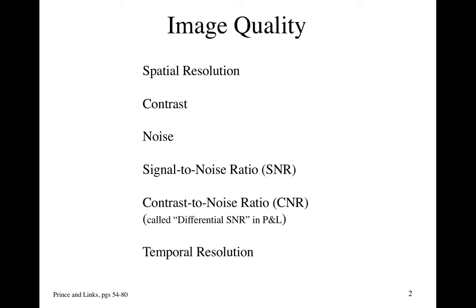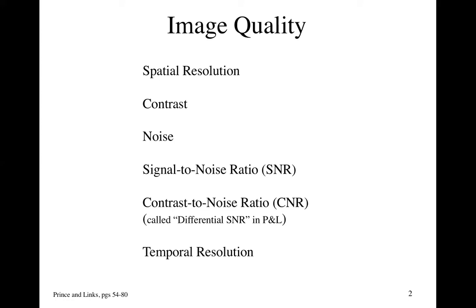So if we have the mean value of the signal in an image is 100 for, say, that metastatic lesion, and the random fluctuation in that signal is 5 as we move across the lesion, then you have a signal to noise of 20. Contrast to noise is the signal difference between your target and the background divided by the noise.